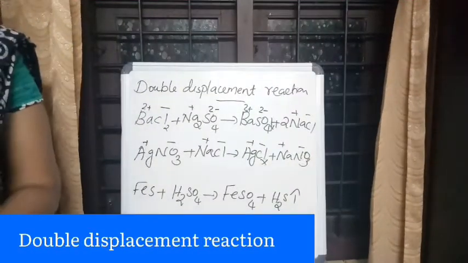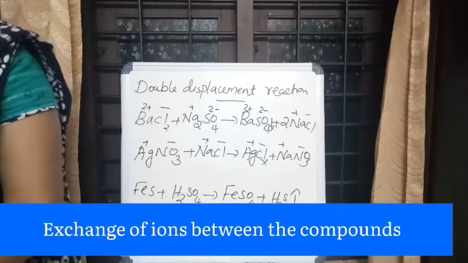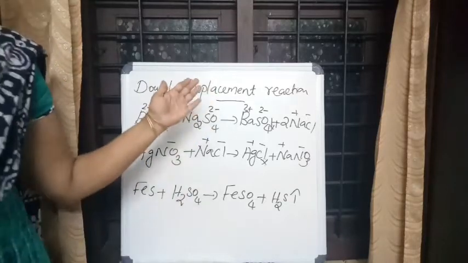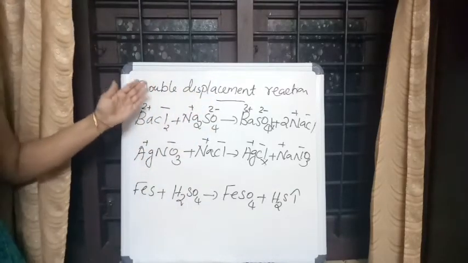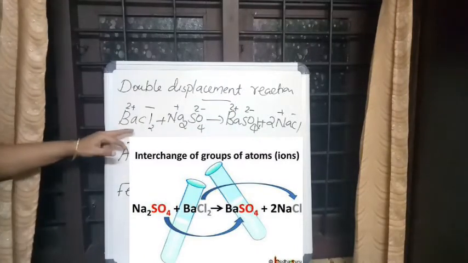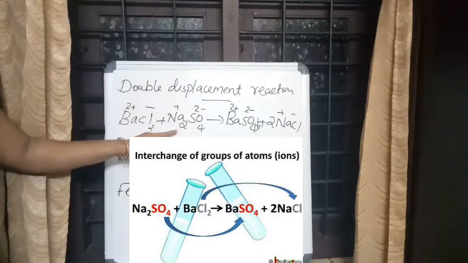Double displacement reactions. Double displacement reactions are the reactions in which there is an exchange of ions between the compounds. For example, you see barium chloride and Na2SO4.